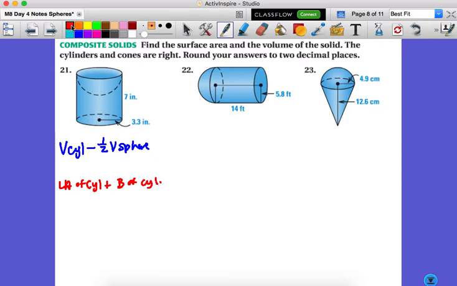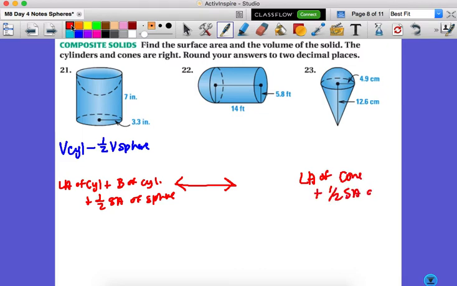Because the other base has now been cut off, plus half the surface area of the sphere. Same thing for number 22. Even though it's inverted the opposite way, this would also be our way to find our surface area here. And then for the last one, we need the lateral area of the cone plus half the surface area of the sphere.